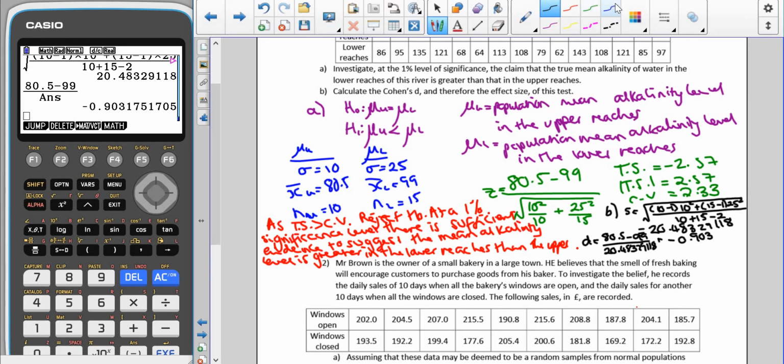Remember, it's the size of that we are taking into account when we are doing our comment. So remember, more than 0.8, we say it's a large effect size.